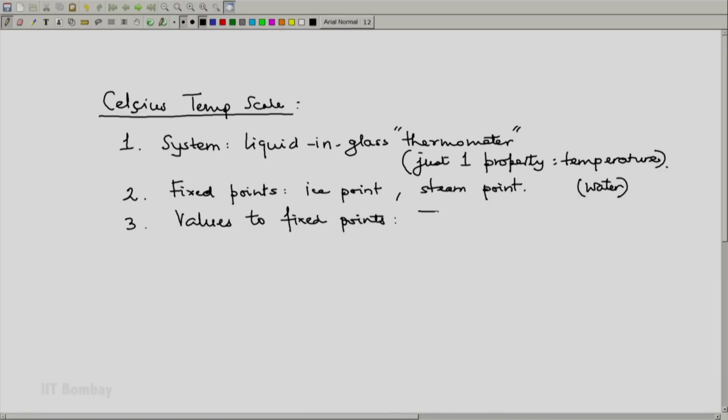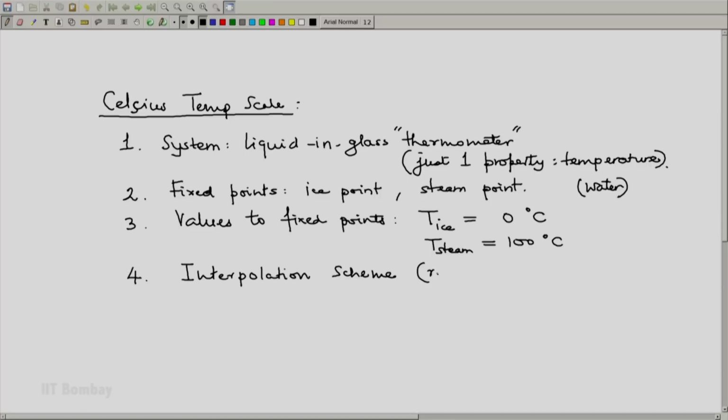For example, we set the ice point temperature, let it be 0 on our Celsius scale, and let the steam point temperature be 100 on our Celsius scale. And finally, to determine the temperature of a system, if the temperature lies between 0 degrees C and 100 degrees C, we had an interpolation law or an interpolation scheme, a relation or an equation.